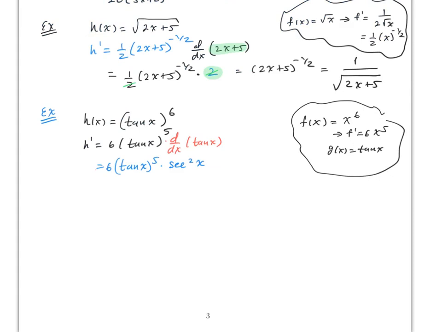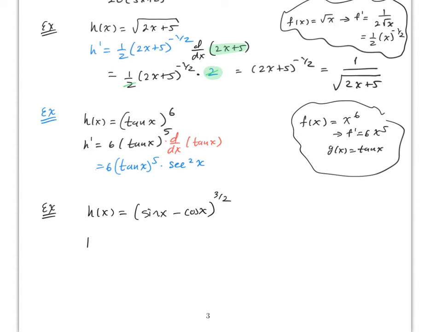All right, let's try one more with trigonometry. Let's say that h of x is equal to sine x minus cosine x to the 3/2.